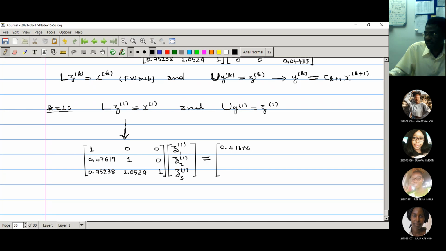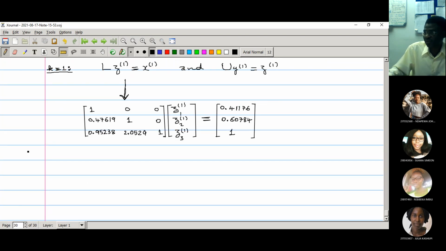So we have a total of 5 decimals. Okay, the next one is 0.760784. And 1 here, because remember that we factored by the entry with the largest magnitude to get this x1. Right. Okay, so we solve this.